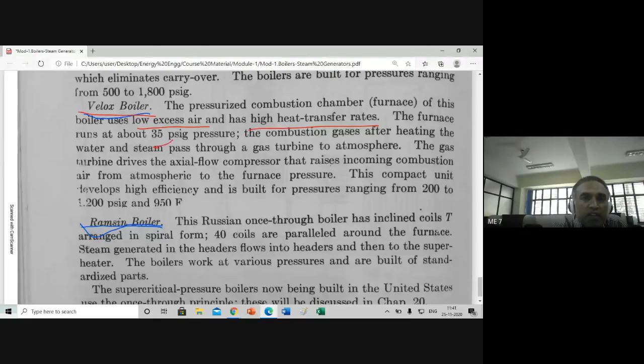The gas turbine drives the axial flow compressor that raises incoming combustion air from the atmosphere to the furnace. This compact unit develops a high efficiency. This is the advantage of the Velox boiler.